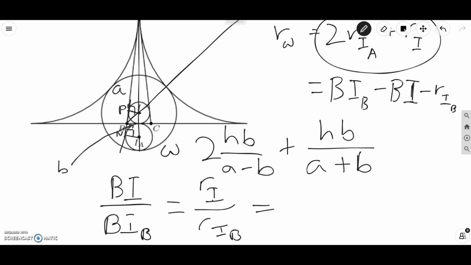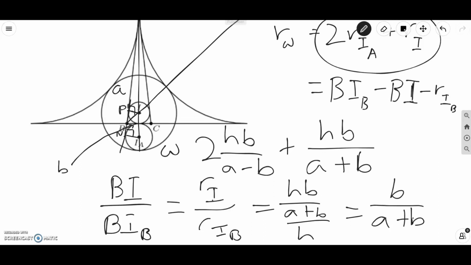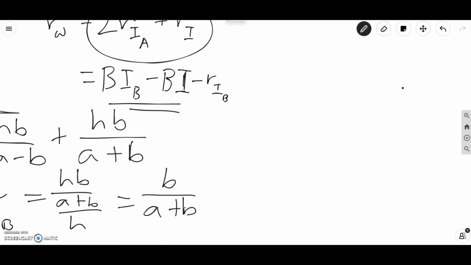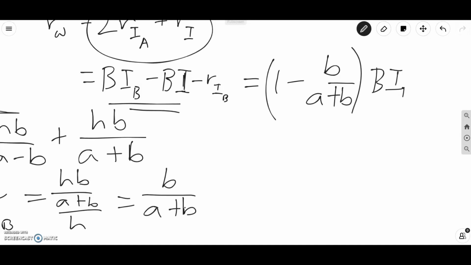Well, RI, as we all know, is HB over A plus B. And RIB, which we computed before, is simply H times B over A plus B. Now with this expression, we can actually compute the subtraction up here, because we can simply rewrite this expression as 1 minus B over A plus B times BIB minus RIB, which is the remaining term.